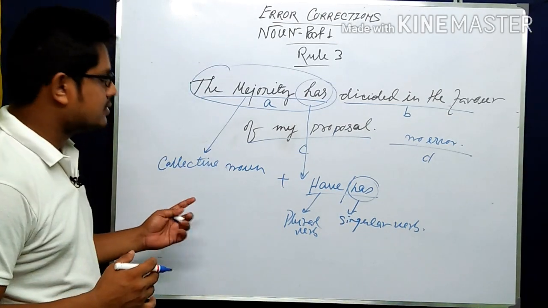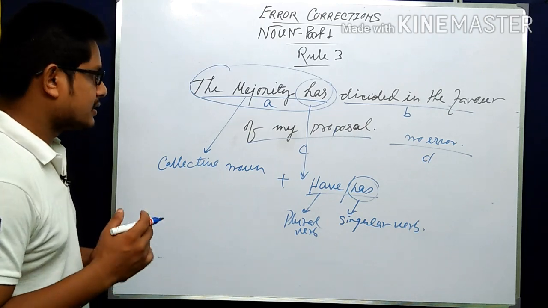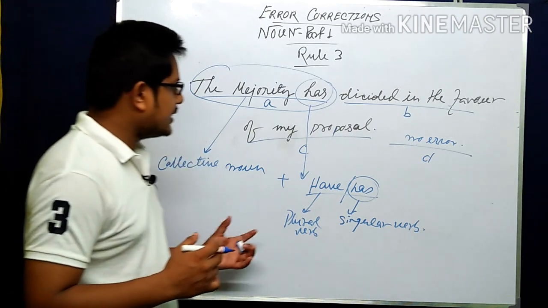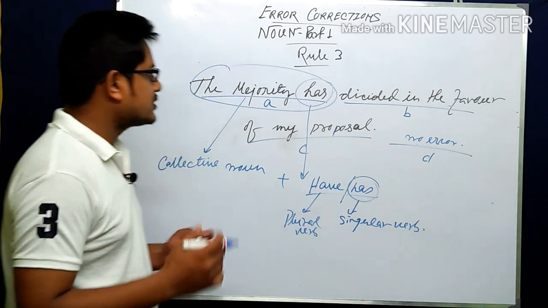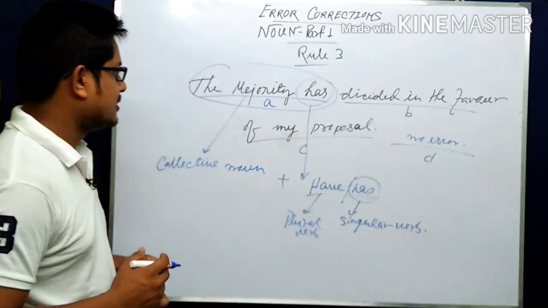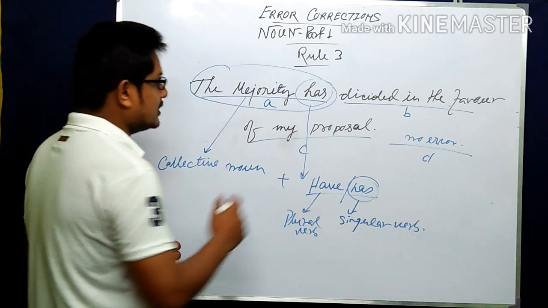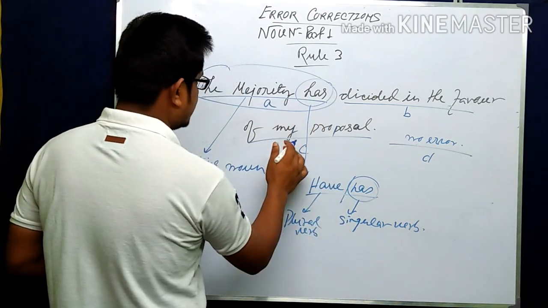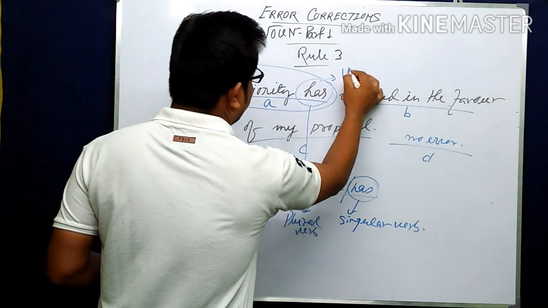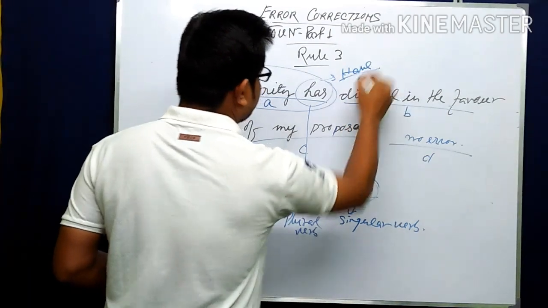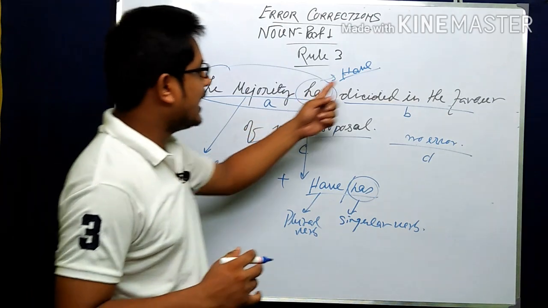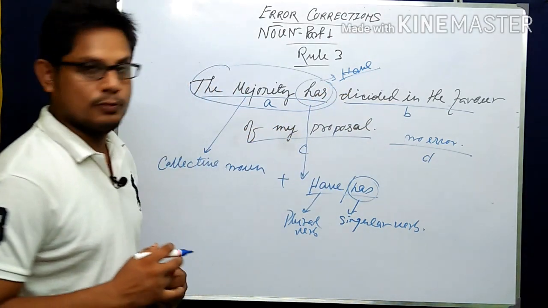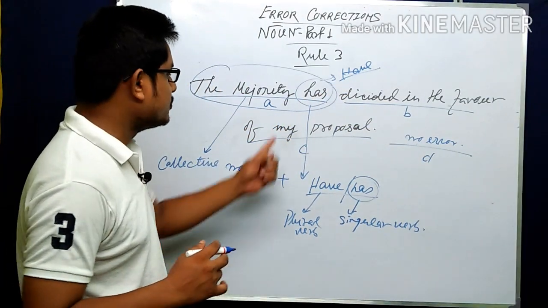These collective nouns are used as plural, so at the same time they carry a plural verb along with them. So you are not supposed to use has. I should have used have with majority. It would be have. Clear? So the correct sentence is the majority have decided in the favor of my proposal. So that means it must be in plural form.